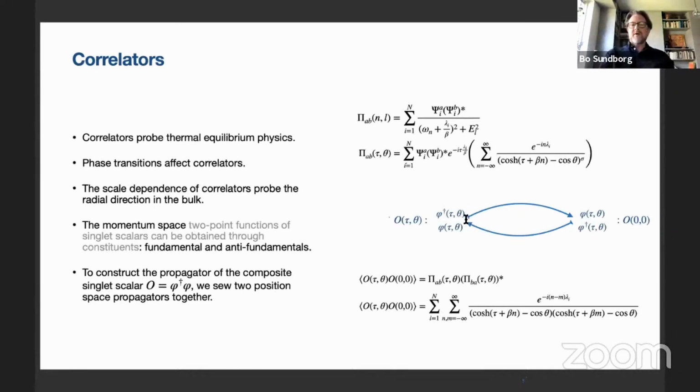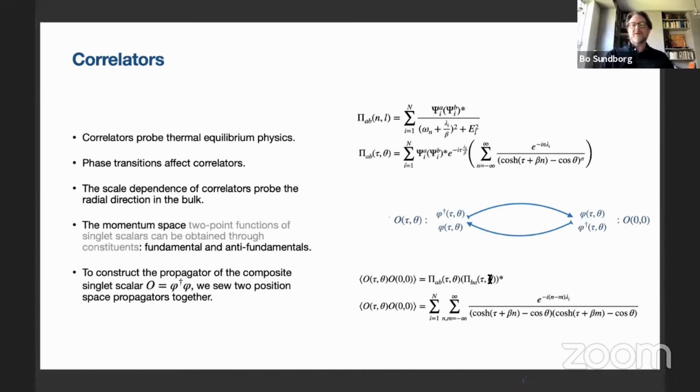So we have one constituent propagating along a standard free propagator, and another one in the antiparticle representation propagating from and to the same points, and that is how we sew together a propagator for the singlet scalar fields, like this.